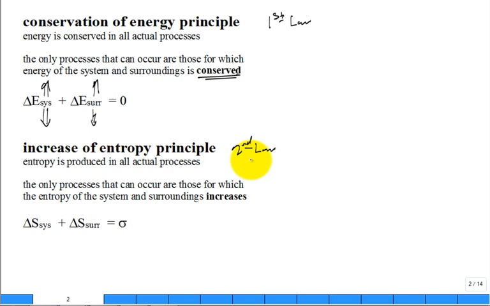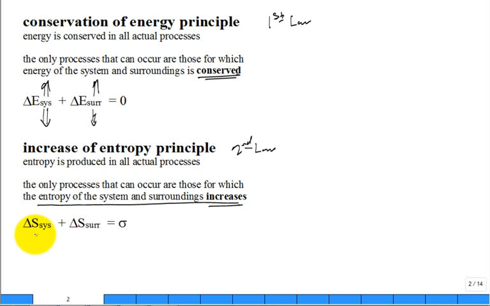But in all real actual processes, there's entropy production. Some have a lot more entropy production and are a lot harder to reverse. They're more irreversible. The only processes that can occur are those for which the entropy of the system and the surroundings, the sum of that, increases.